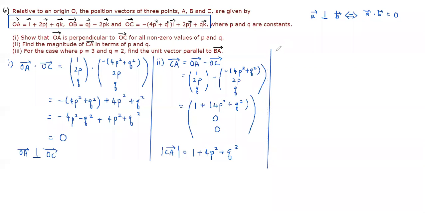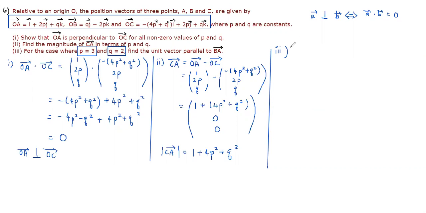For the third part, you are given that P is 3 and Q is 2. You need to find the unit vector that is parallel to vector BA. So we need to find vector BA when P is 3 and Q is 2.